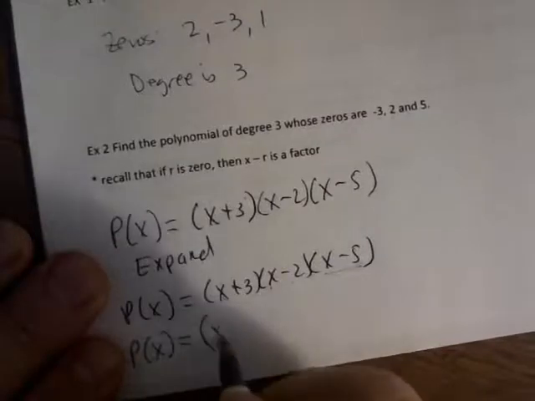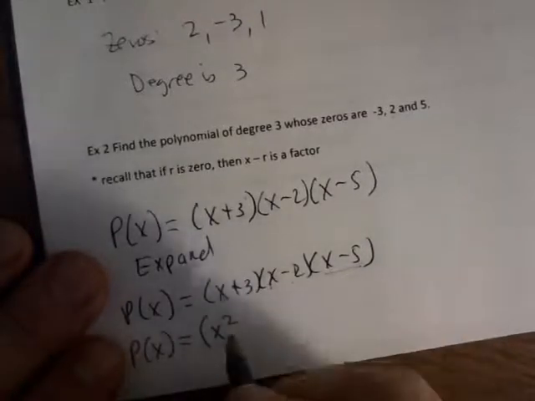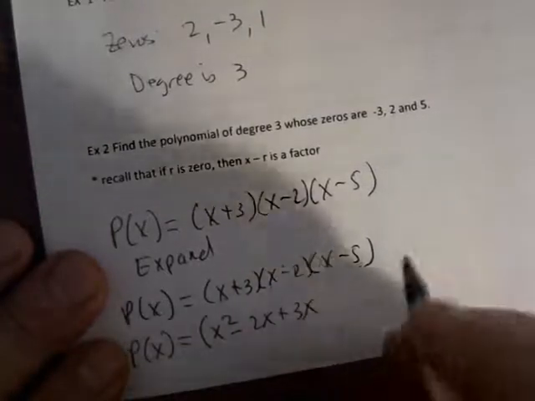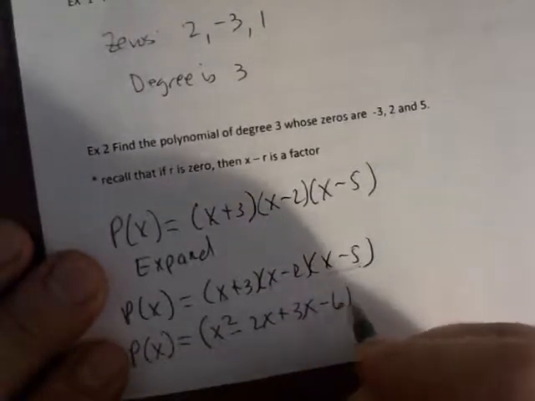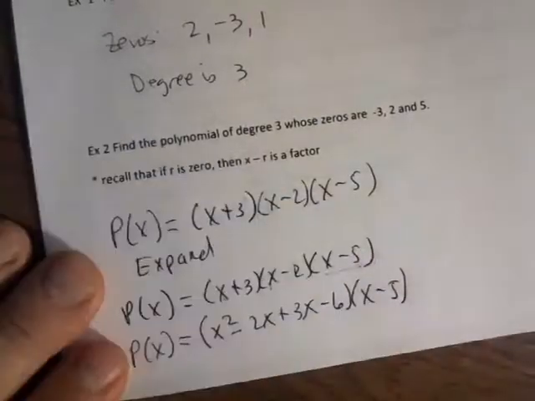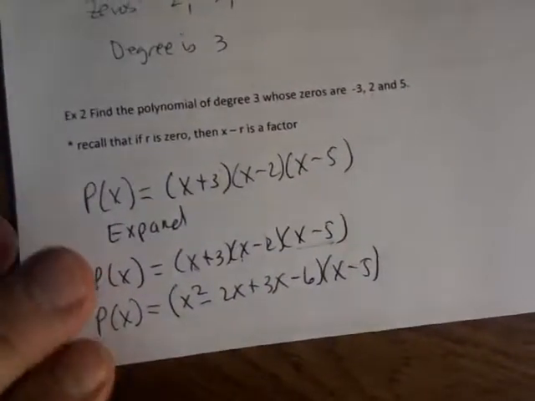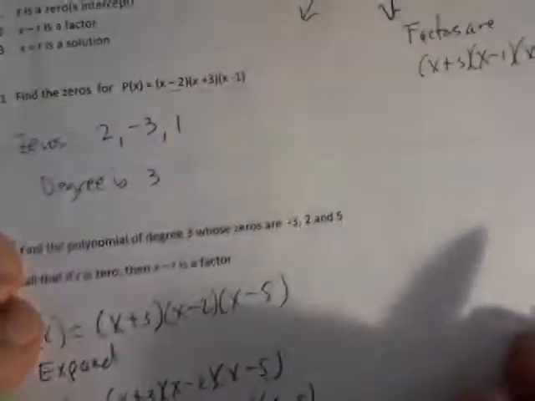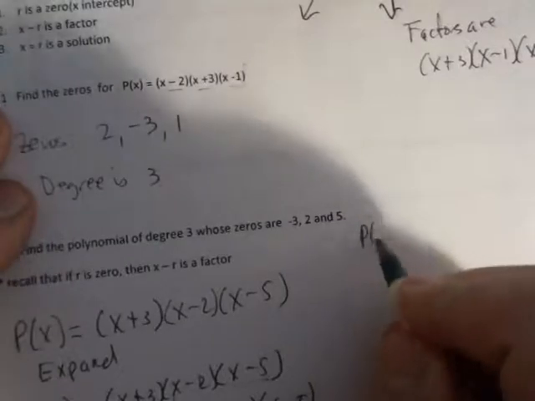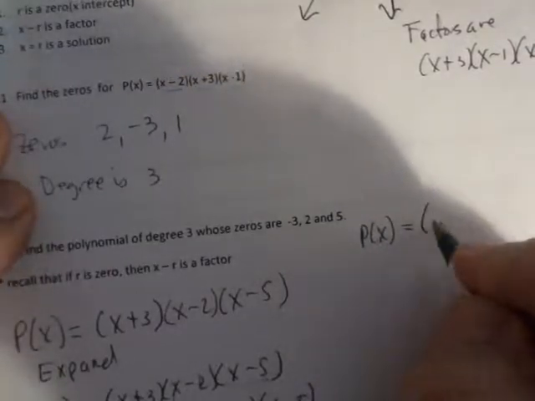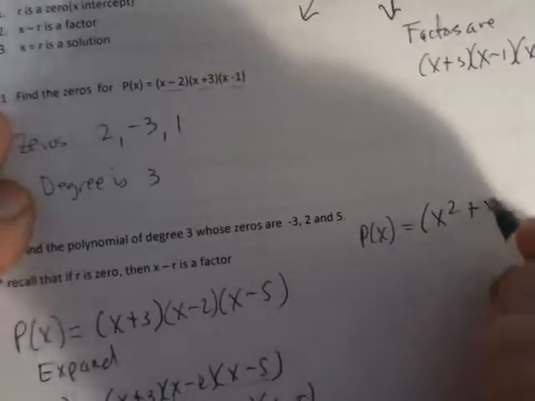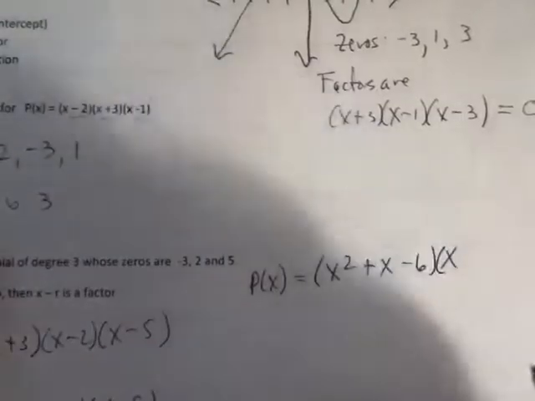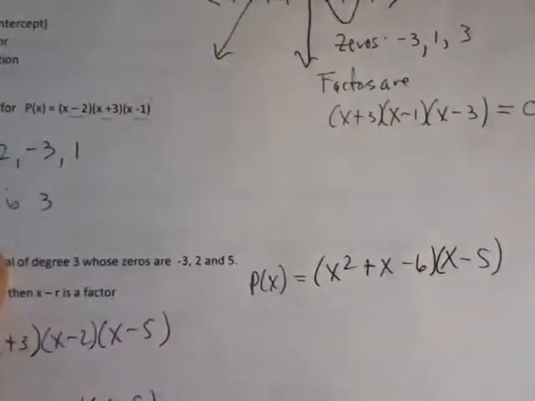So I take x times x to get x squared, -2 times x, plus 3 times x, minus 6, times the x minus the 5. Don't forget, combine like terms before you continue multiplying. So I get x squared plus 1x minus 6 times x minus 5.